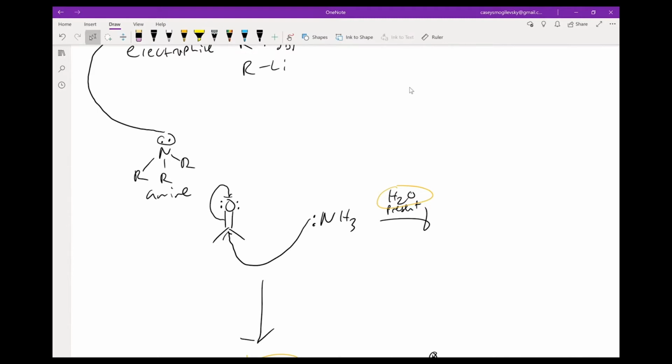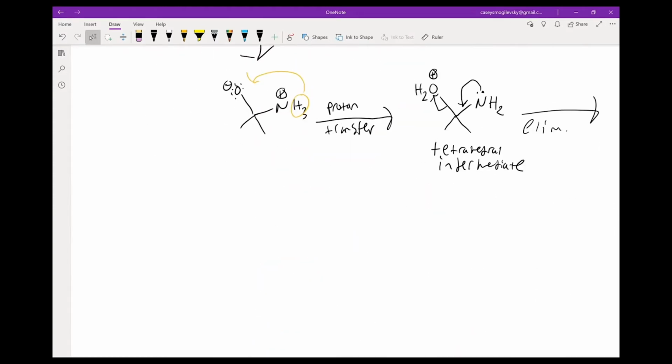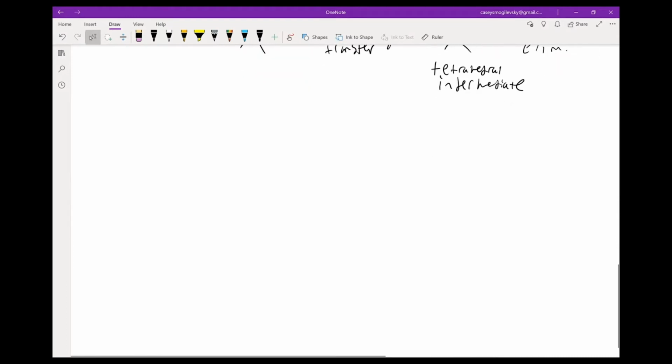It can certainly occur, but it's often helped along by having extra acid or extra base in the solution. So let's go through two examples, for example the reaction to form a hemiacetal or an acetal.